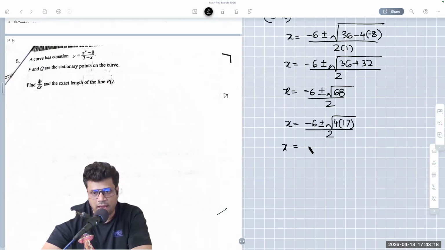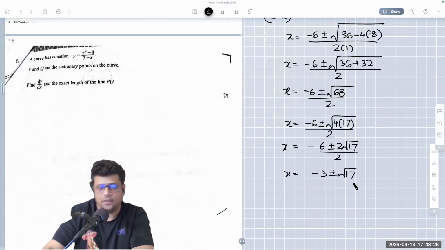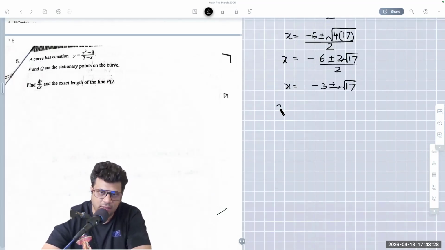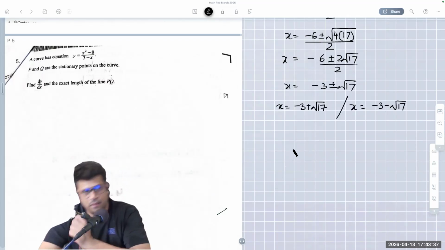So you are looking at minus 6 plus minus 2 root 17 divided by 2. That's minus 3 plus minus root 17. So x happens to be minus 3 plus root 17 and minus 3 minus root 17.